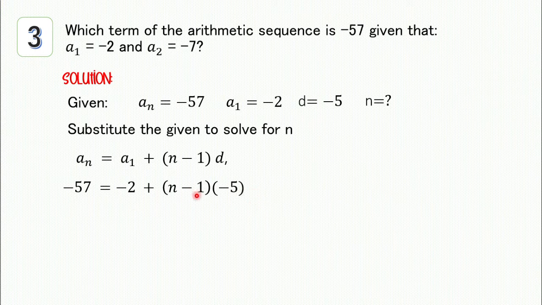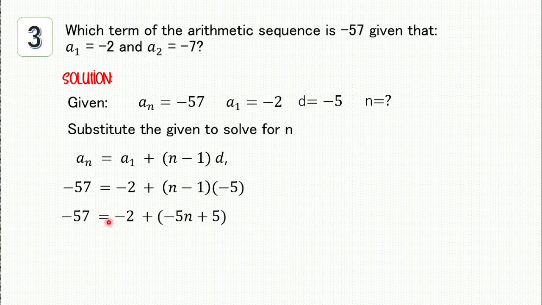After that one, if we're going to simplify the terms inside the parentheses, n minus 1, we cannot subtract 1 sa n. Kaya, gagawin natin dito ay i-multiply natin yung negative 5 sa each of the terms inside the parentheses. So, ibig sabihin, negative 5 times n and negative 5 times negative 1.